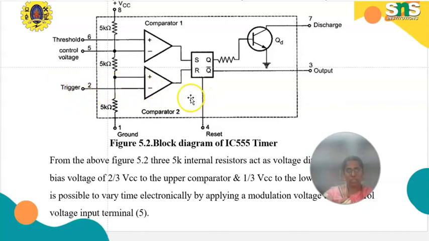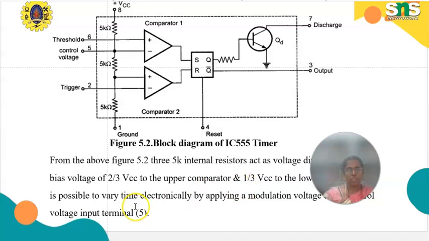Both are connected to the SR flip-flop, and Q and Q bar are the outputs, from which we get the output signals. The three 5K internal resistors act as a voltage divider, providing a bias voltage of 2/3 of VCC to the upper comparator and 1/3 of VCC to the lower comparator.